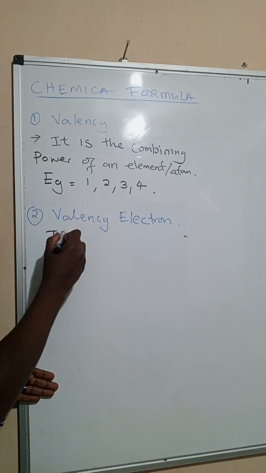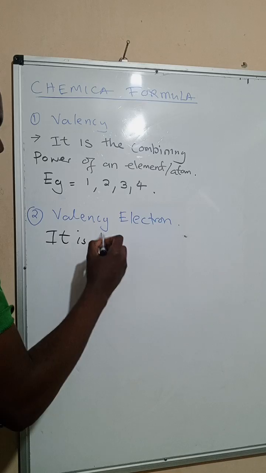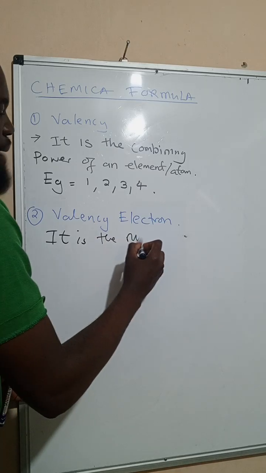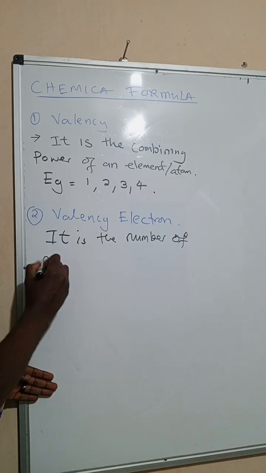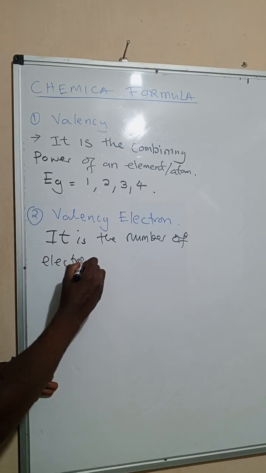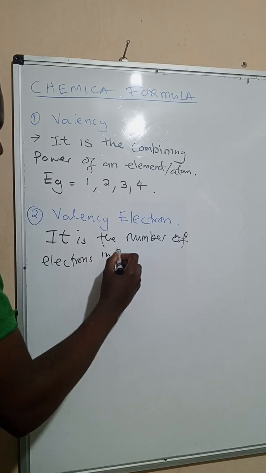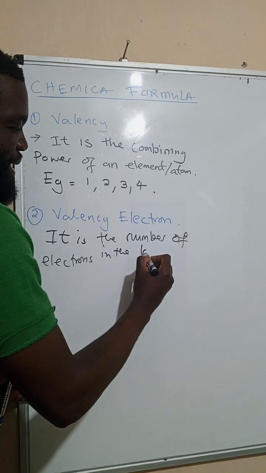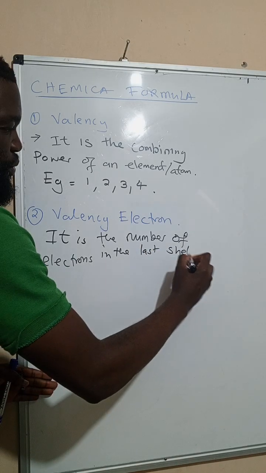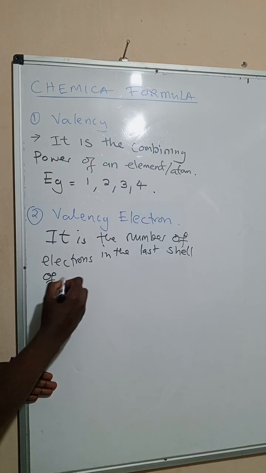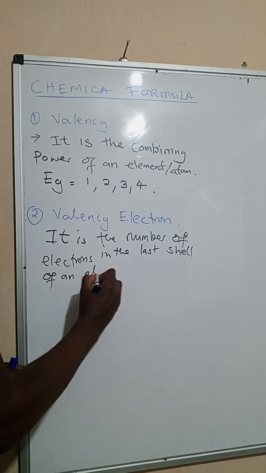The next thing we're looking at is valency electron. If they say define it, it is the number of electrons in the last shell of an atom.